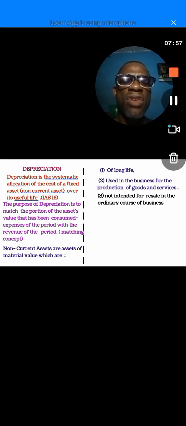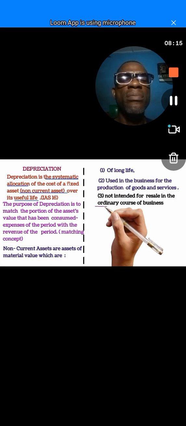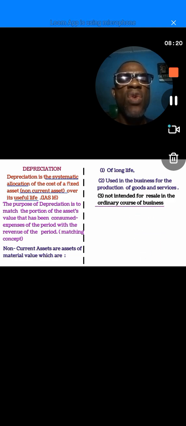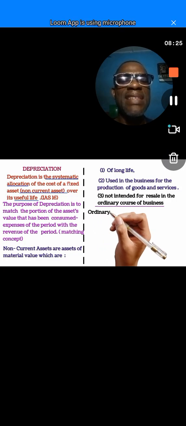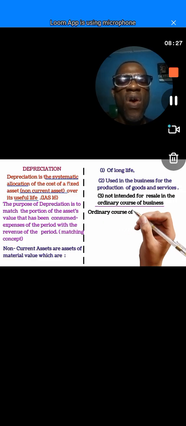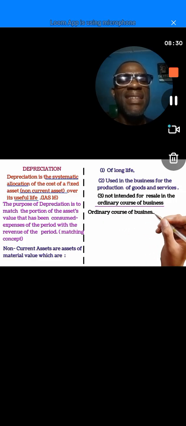The phrase ordinary course of business, as shown above, means the primary activity of an entity, what the business is existing to do. If it is selling tomato in the market, then tomato will be stock and the shop will be non-current assets. So that phrase means the primary activity that the entity exists to carry out.